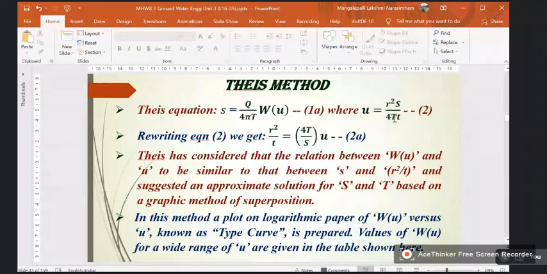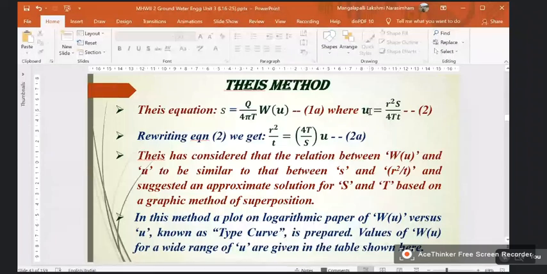Because there is no initial information about the values of r, S and T, it is always better to consider a large value of t so that u will become very small.